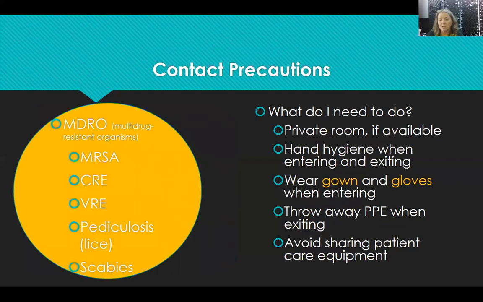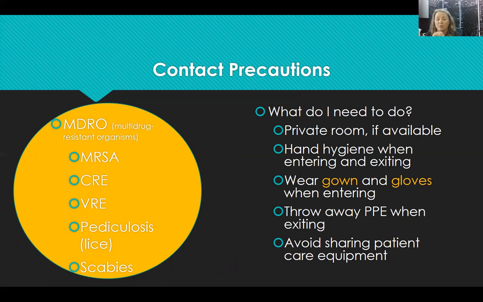Contact precautions are for organisms transmitted by direct contact with an item in the environment. Examples of these are your multi-drug resistant organisms like MRSA, CRE, VRE. These stand for methicillin resistant, carbapenem resistant enterococci, and vancomycin resistant enterococci.